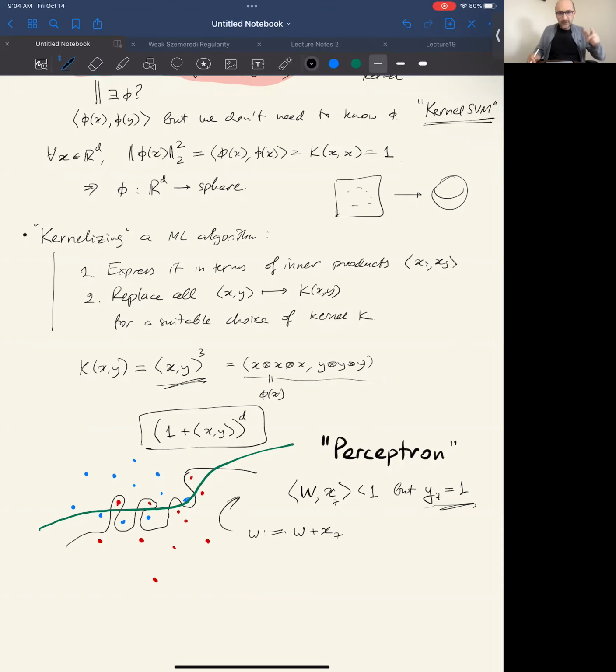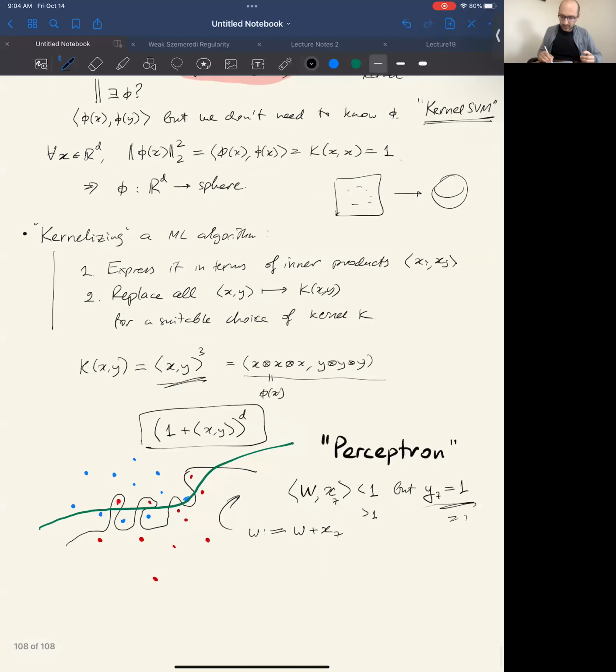I go over the points, I find a misclassification, and if it's the opposite situation, if this is positive but it should be negative, we subtract the point. So if there is any misclassification, we either add that direction or we subtract that direction. That's the perceptron. And it works if the points are exactly separated. If you Google perceptron analysis, it's a half-page analysis that it actually works.